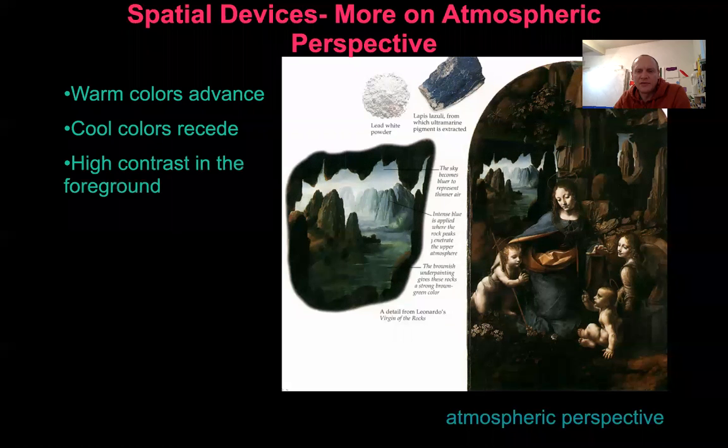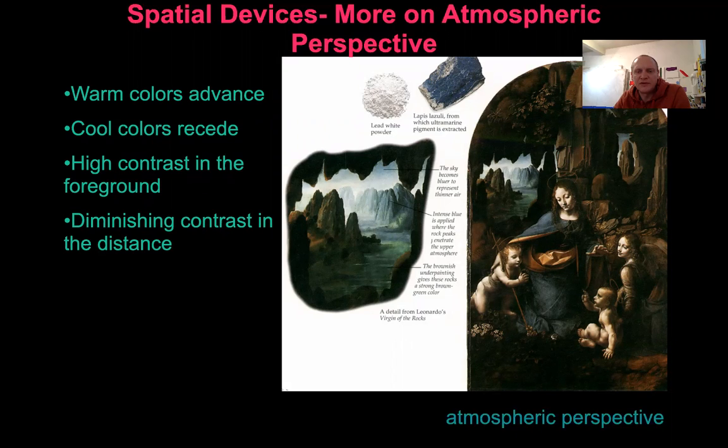There's a lot more contrast in the foreground, whereas back behind there are more grays. Less contrast in the distance. We've got really sharp edges in the foreground, and back where those mountains are, it's really blurred.